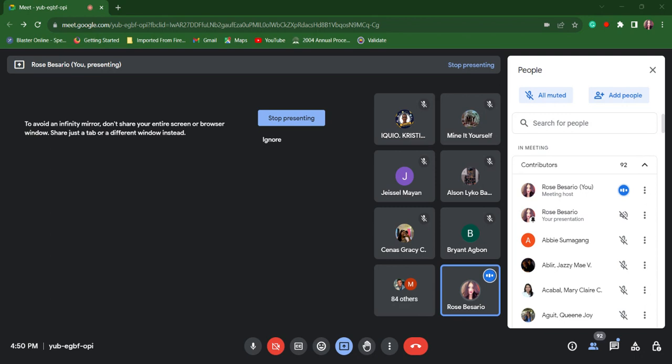Siya mosugot. Mao ni si 10. Mawala man siya. So this is problem 10. Na rin ako ibutang si problem number 11.